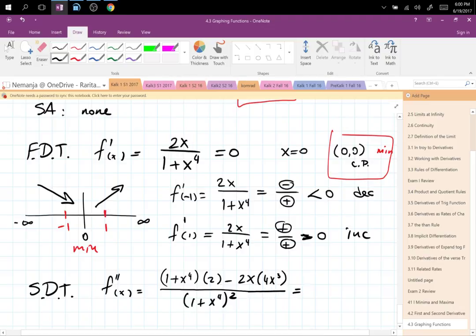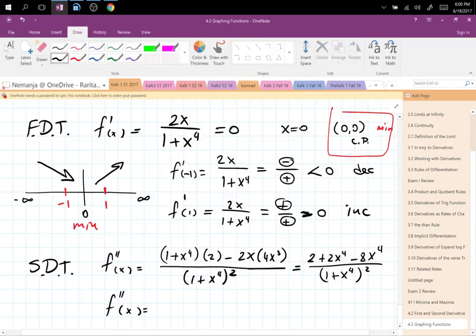So if we are to FOIL all of this, I get 2 plus 2x to the fourth minus 8x to the fourth divided by 1 plus x to the fourth, everything squared.